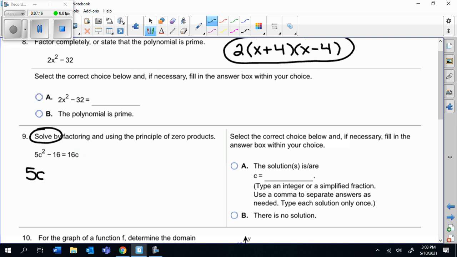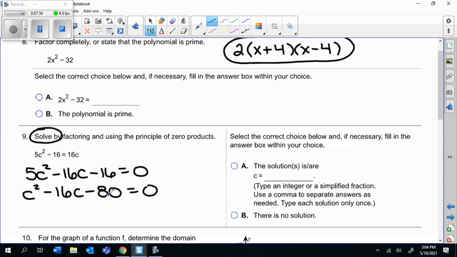So 5c squared minus 16c, jump that over the equal, minus 16 equals 0. So we're going to slip and slide again. Hopefully I can redeem myself here. 5 times 16 is minus 80. So we need two numbers that multiply to a negative 80 and add up to a minus 16. Let's try negative 20 and positive 4.